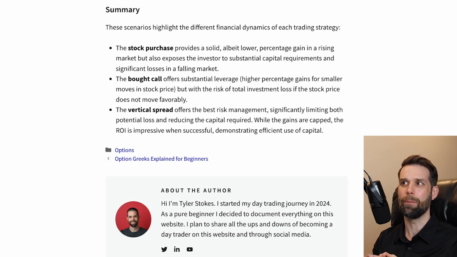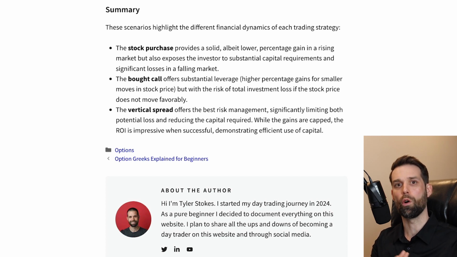And then if you think about the return on investment, how impressive it can be, it demonstrates how efficient your capital can be used when you set up these types of spreads. And don't think of a one-off investment where, hey, maybe you'll get lucky and the stock will really jump up and maybe the other options offer better gains.